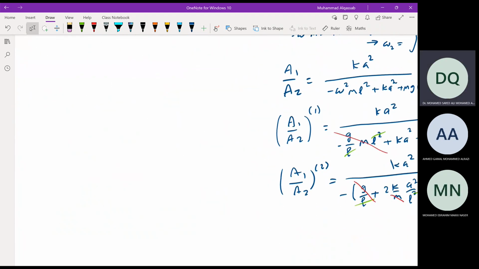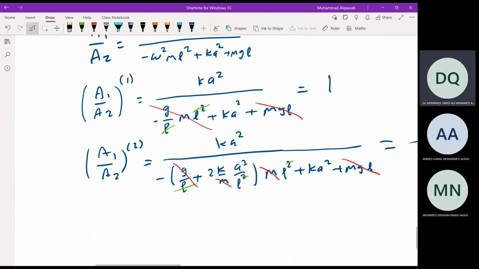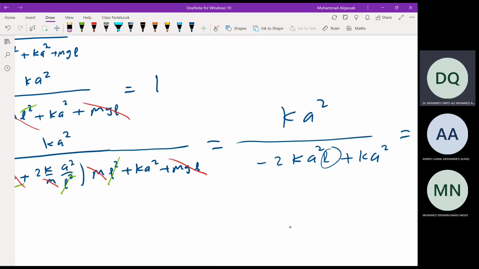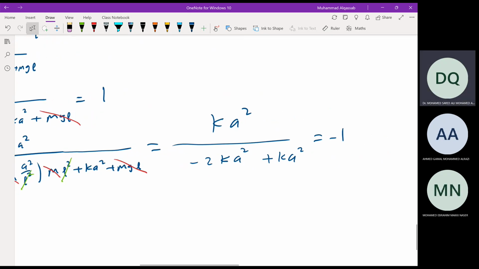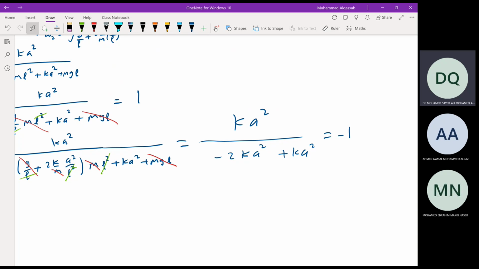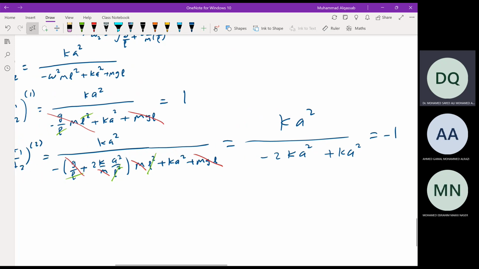Okay, this is my mistake. This is L squared. So the whole term will cancel out. This L squared will cancel with L squared, and one L will cancel out only. So this will be minus 1. There is no L here. So the amplitude ratio for the second frequency is minus 1.